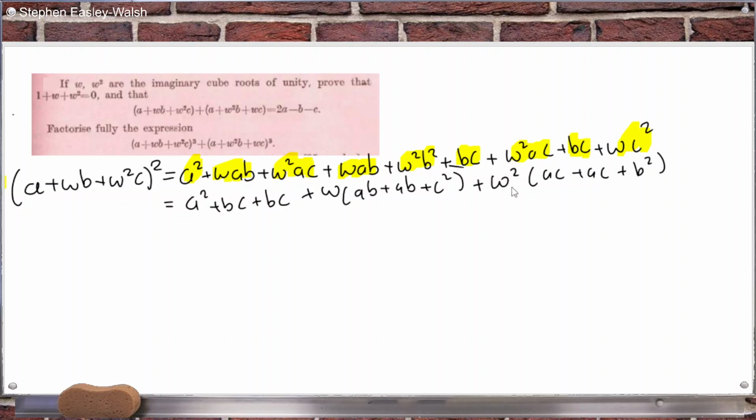So I can get rid of the omega squared. I could say it's minus 1 minus omega, but that might not be too helpful at the moment. But the next bracket to do is a plus omega squared b plus omega c squared. Okay, let's have a look at that one.